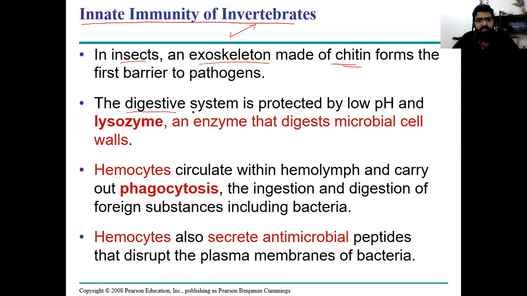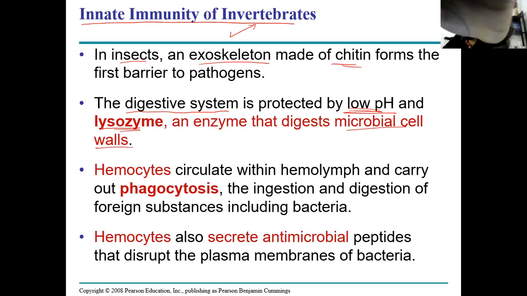Also, the digestive system of insects is protected by low pH and lysozymes. And we said last time, lysozymes are enzymes that break down or digest microbial cell walls. So, of course, when the microbial cell wall is broken, this pathogen cannot reproduce inside the infected body.